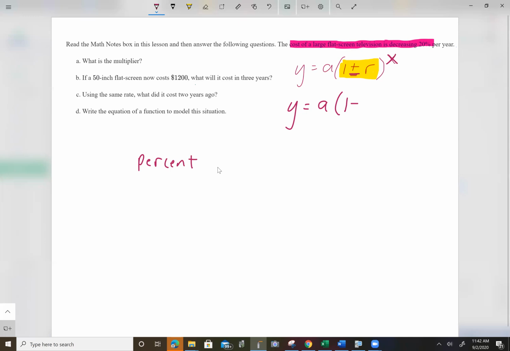Percent, change to decimal. The way I always remember how to change it is I think about the word percent. It has this word cent in it. And I always think, how would I write the percent as cents, as dollars? So 20%, how would I write 20 cents? It would be $0.20. It would be 0.20.